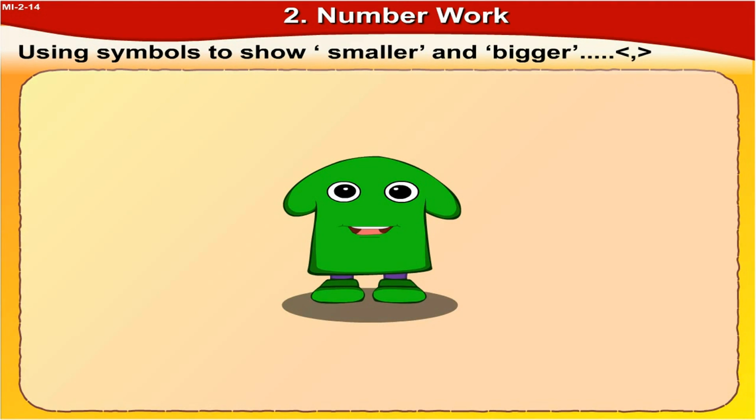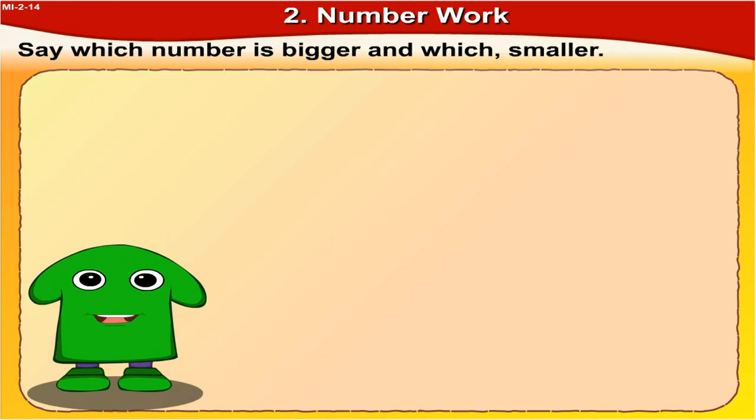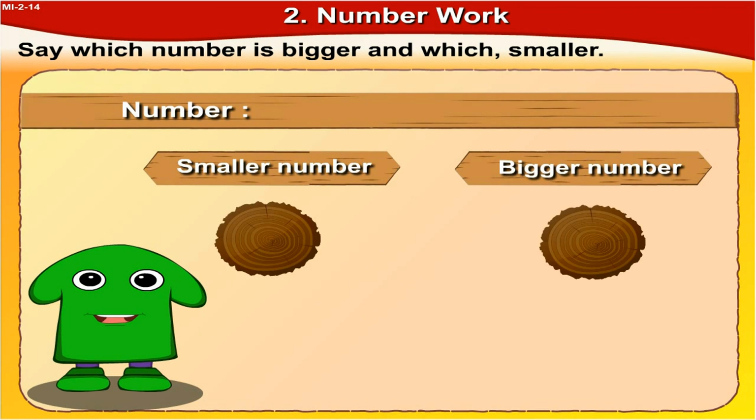Using symbols to show smaller and bigger. Say which number is bigger and which smaller. Number 8, 2. Well, you can easily make out that 2 is smaller and 8 is bigger. 77, 59.